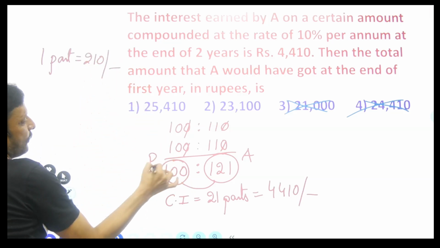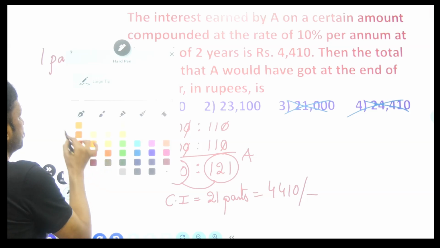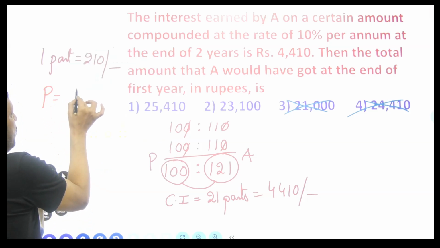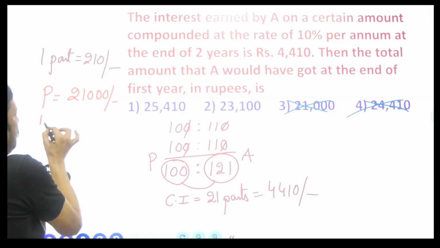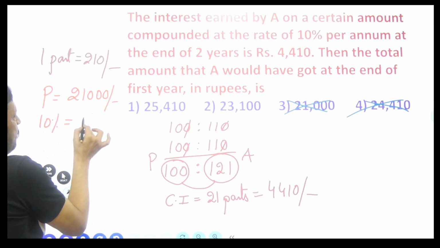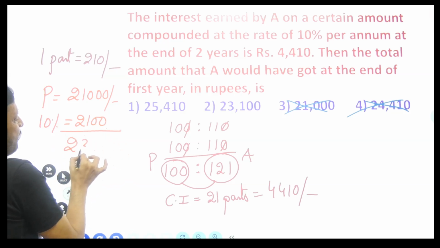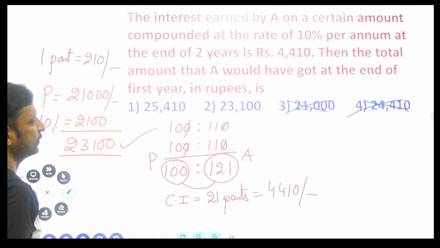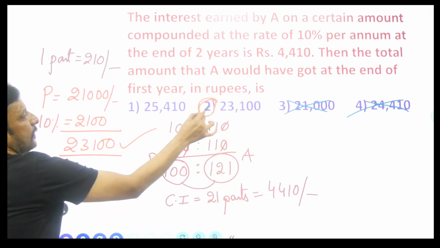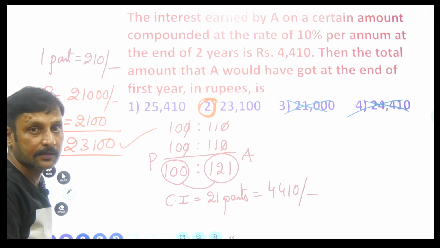Now, what about the principal? The principal amount is 100 parts, which is 21,000. And for 1 year, the rate of interest is 10%, which is 2,100. Finally, after 1 year, he will get an amount of rupees 23,100, which is clearly given in the second option.